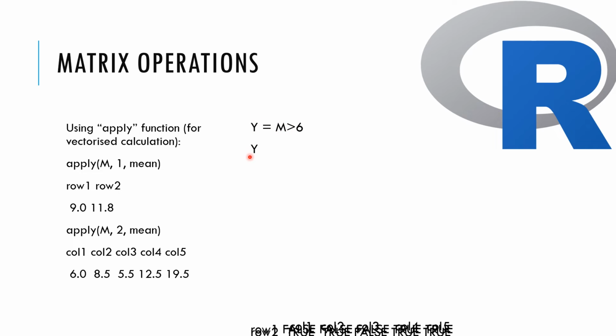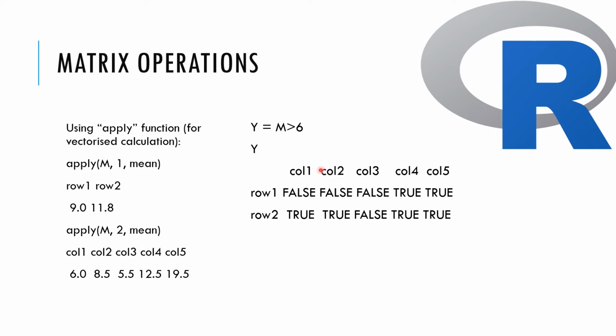So y is another matrix which has falses and trues. Wherever you have false, that means the values in these places are less than or equal to 6, and all the places where you have trues, that means the values are greater than 6.